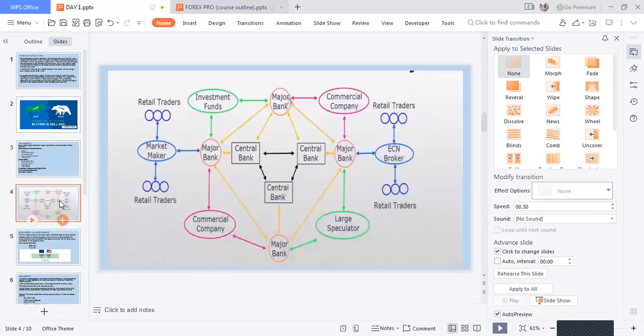Now, I have a flow chart. This flow chart shows me the banks. This is the central bank in the middle. The reason for this flow chart is to tell you those that are really in charge of the market. This is the central bank. The central bank is the major body. It's just like the way we have strong bodies in clubs.